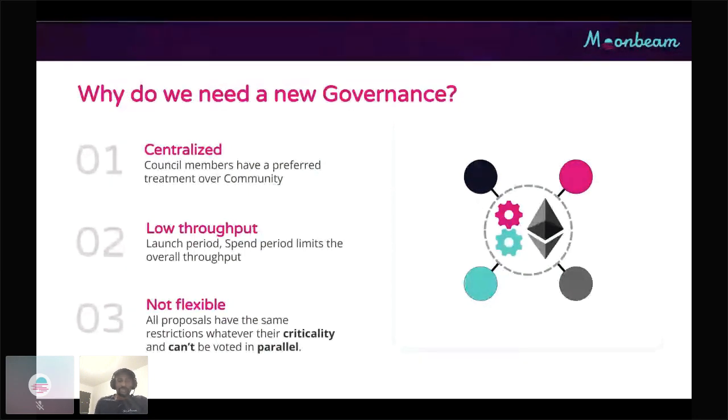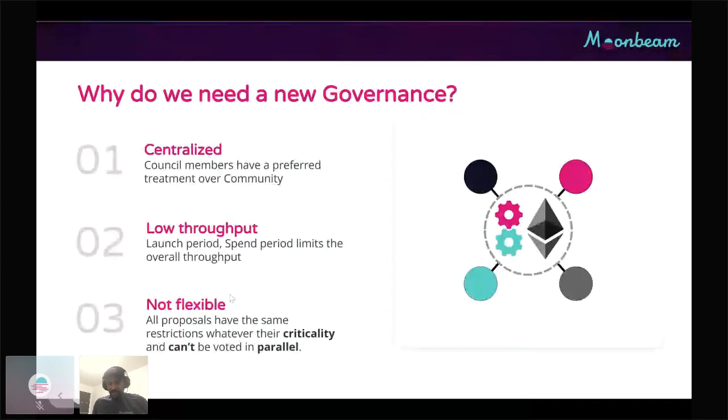So if you want something that gets executed fast, but without any exception, it's a bit tricky to do. And the last thing, it's not very flexible in the sense that proposals are treated the same way, independently of their criticality, meaning that to make something go in parallel or go quicker, it's not something that you can parameterize in advance.